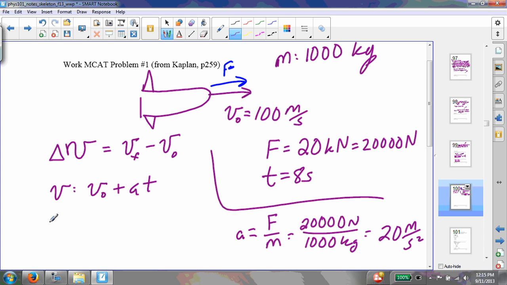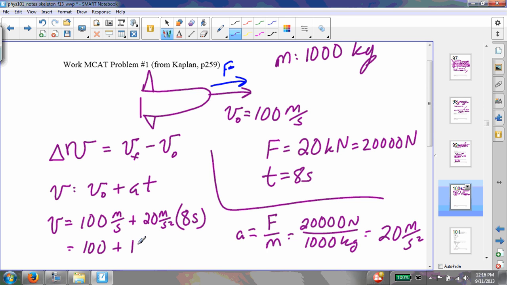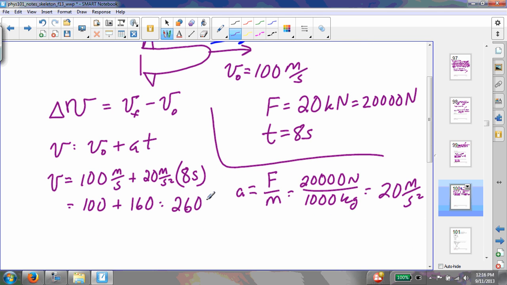So my velocity then would equal 100 meters per second plus my acceleration, 20 meters per second squared, times the time, which is 8 seconds. So that is 100 plus, what's that, 160, we'll call it 260 meters per second.